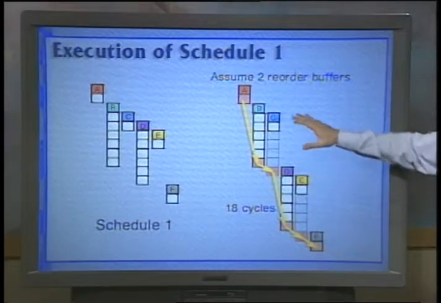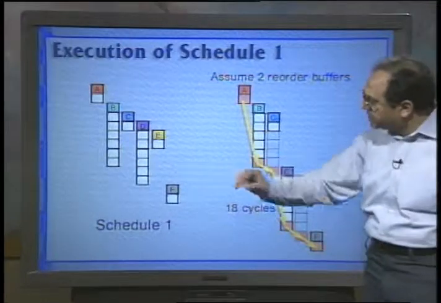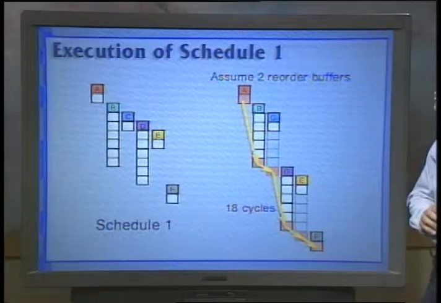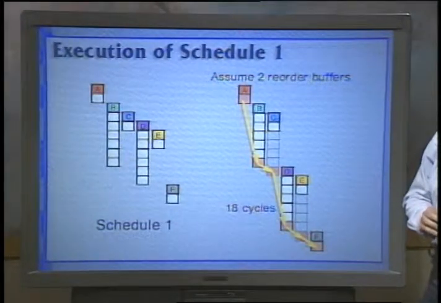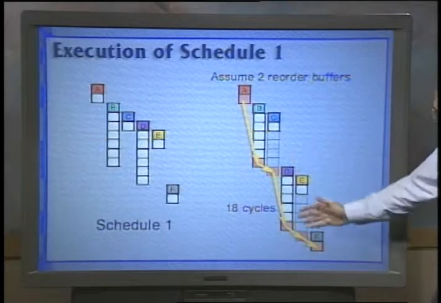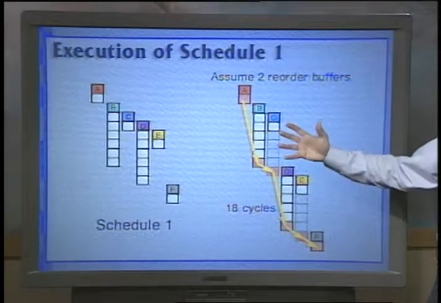And the net result is that the schedule, which used to be, I believe, about 15 cycles or thereabouts, has been stretched out to 18 cycles because of this.